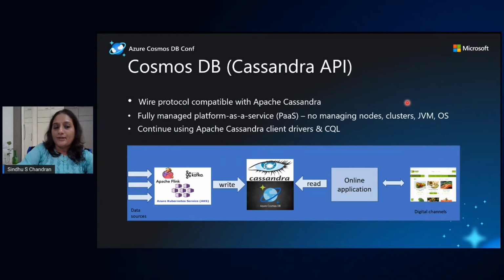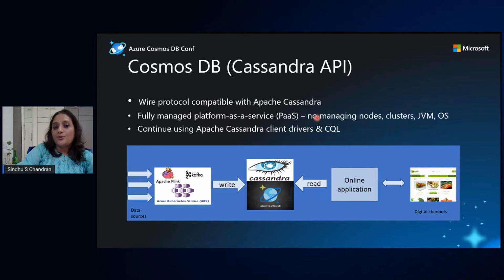So as you're probably aware, Cosmos DB is available in these different flavors. And one good thing for Kirana Cube is that they can continue using their Cassandra investment with hopefully minimal changes. The great thing is that it is wire protocol compatible with Apache Cassandra. It is available as a fully managed platform as a service.